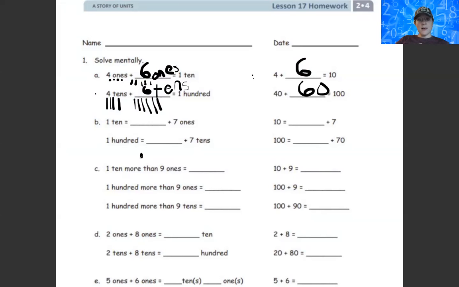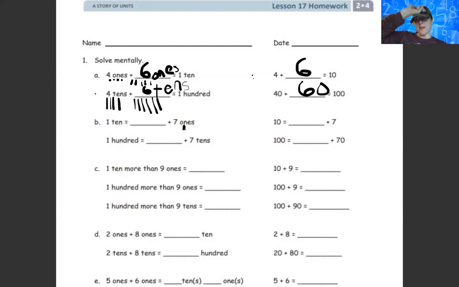110 equals blank plus 7 ones. It's just written backwards. So it's the same thing that we did in A, it's just written the opposite way. So let's do this mentally. If I have 7 ones in my head, how many more until I get to a 10?